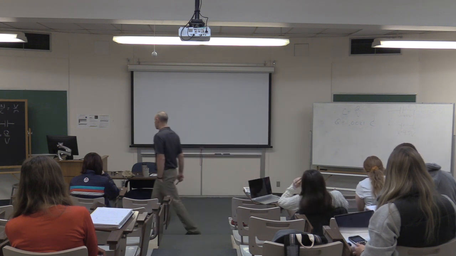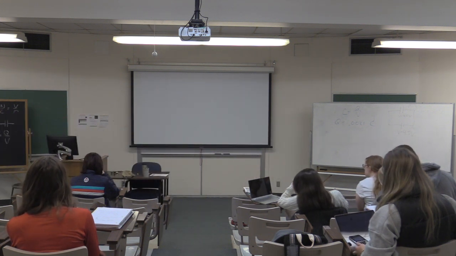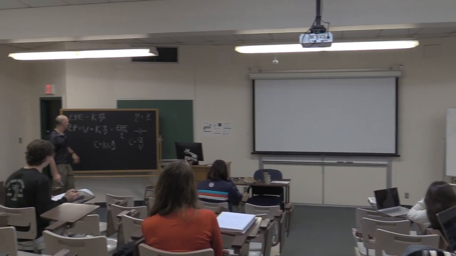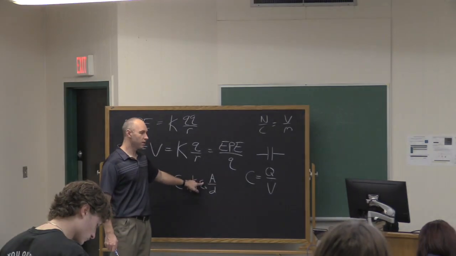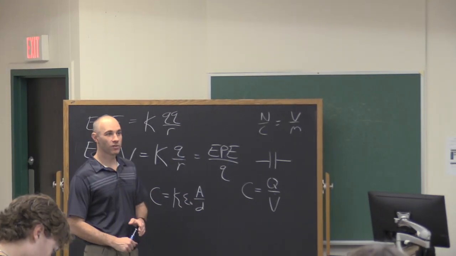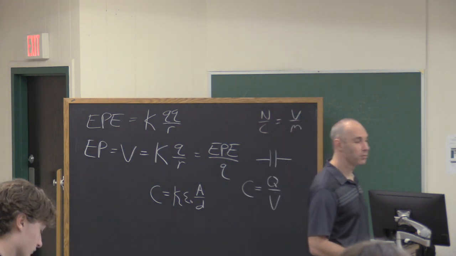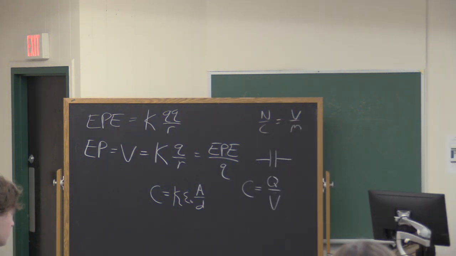So this equation takes into account those physical parameters. C equals kappa epsilon naught A over D. Kappa is the dielectric constant. You can look that up on a table, and it would tell you some numerical value bigger than 1 for the material in between the plates.